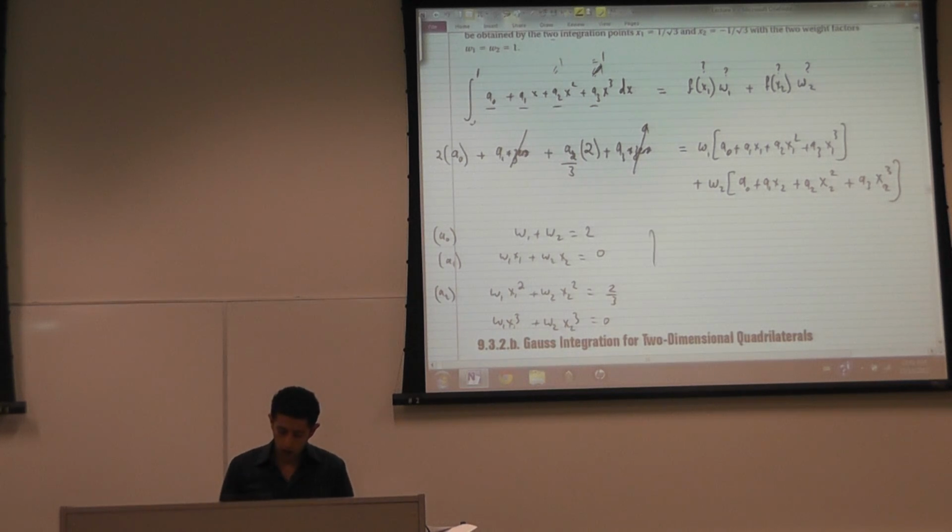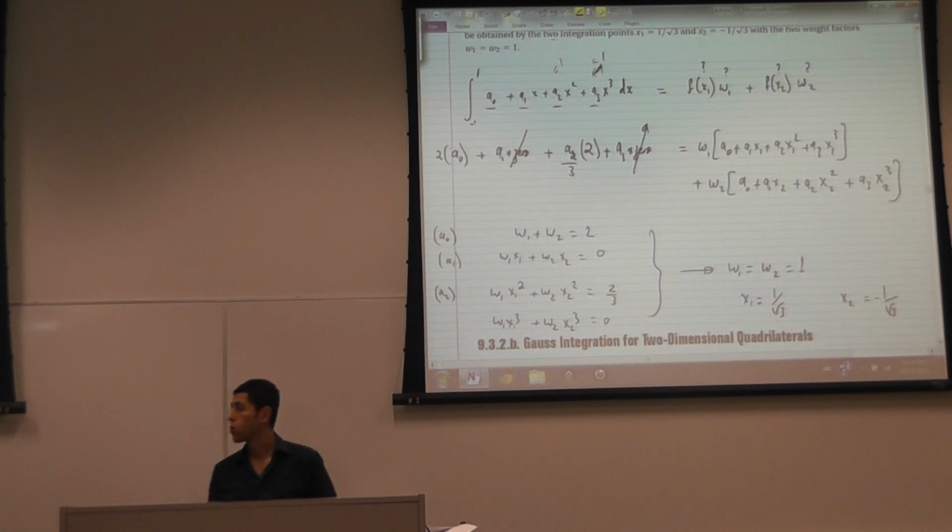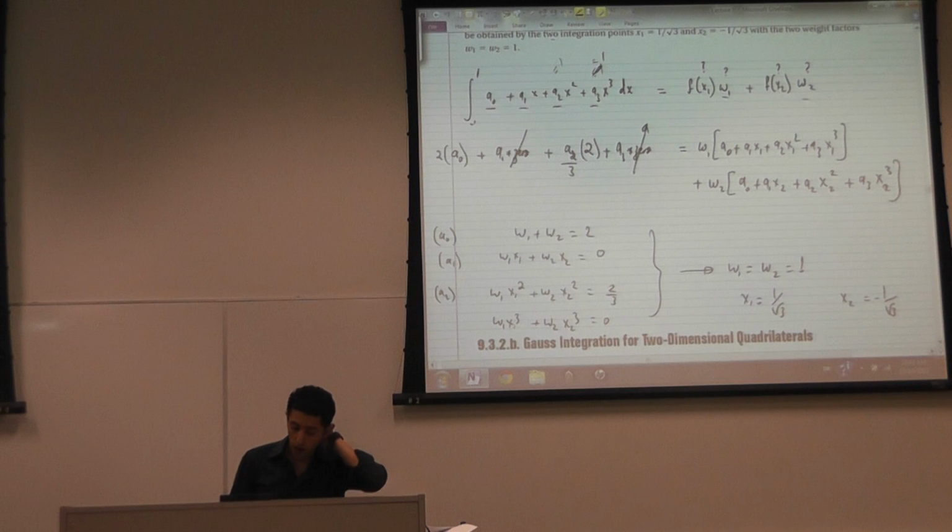From this, you get W1 is equal to W2 is equal to 1, and x1 is equal to 1 over root 3, and x2 is equal to negative 1 over root 3. So I have found 2 points, which I call the integration points, and 2 weight functions that will give me exactly the integral from negative 1 to 1 of any cubic function.